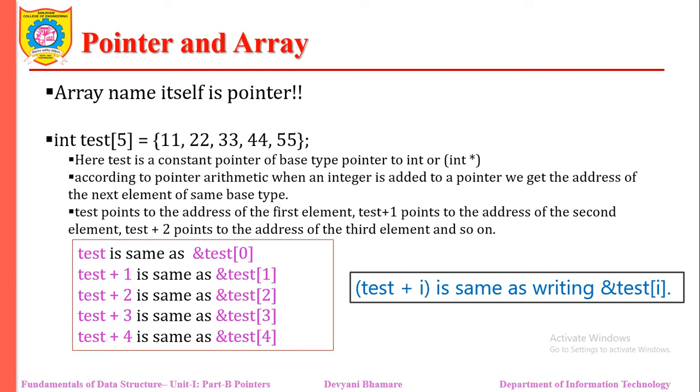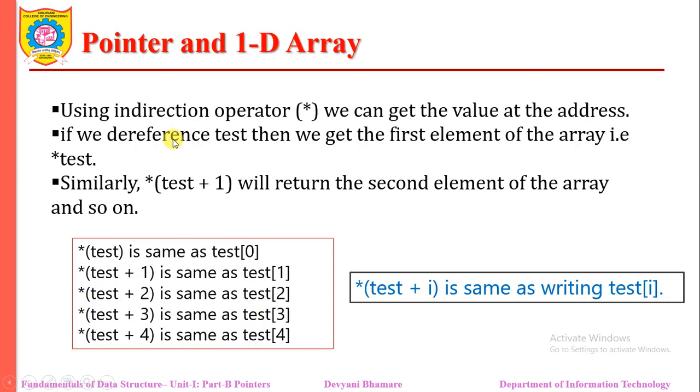If I want to access the value, what are we using? The asterisk operator, the value-at operator. If we put asterisk test, or *test, what does it mean? It indicates the value at the address of test[0]. What is the value at the address of test[0]? It is nothing but the first element of our array, right?